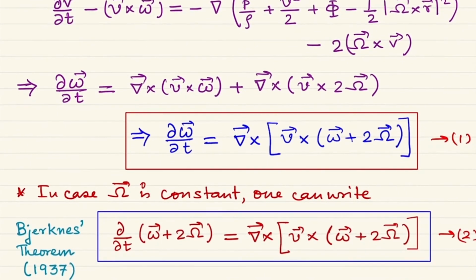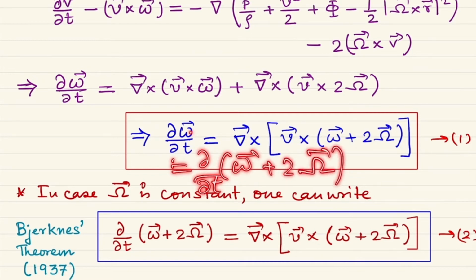Now we talk about the constancy of omega. If omega is constant, then one can simply write that del omega del T is nothing but del T of omega plus 2 capital omega, because capital omega doesn't have any explicit time dependence.